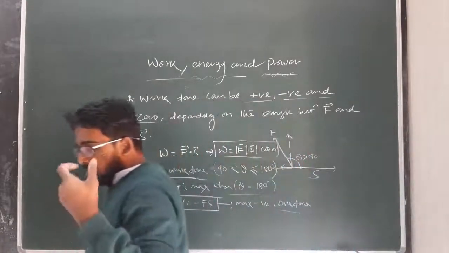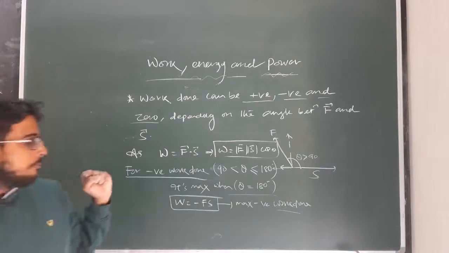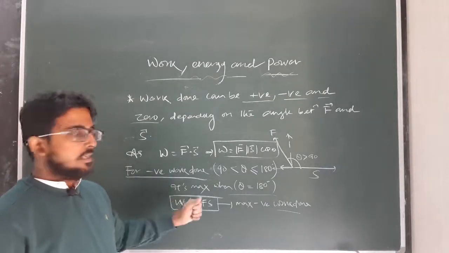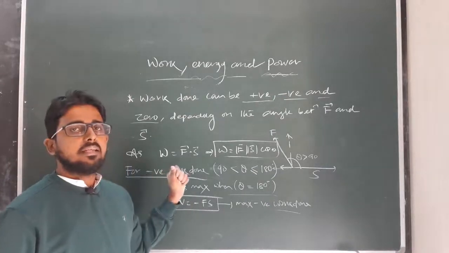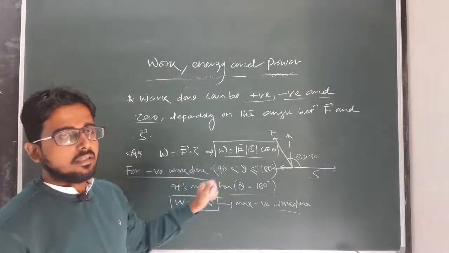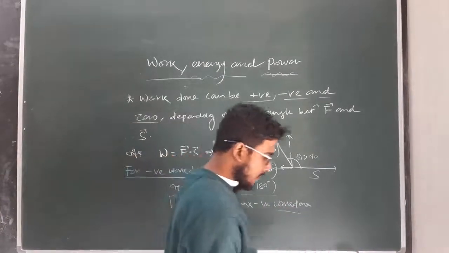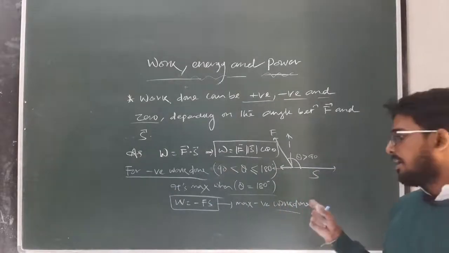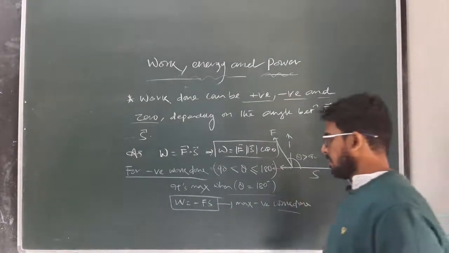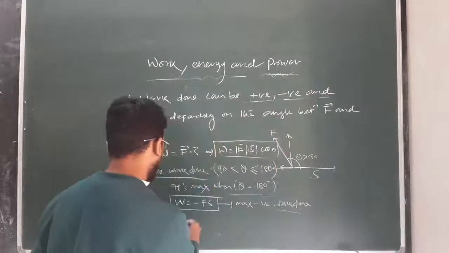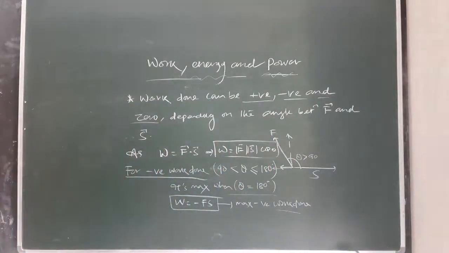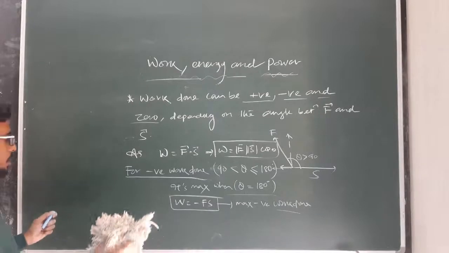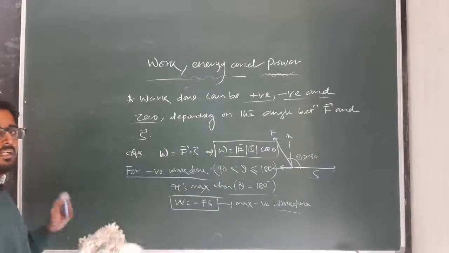Example: the work done by brake when a vehicle is moving. So the work done by the frictional force due to brakes is negative work done. Clear? You can remember that negative work done occurs when displacement and applied force are in opposite direction.